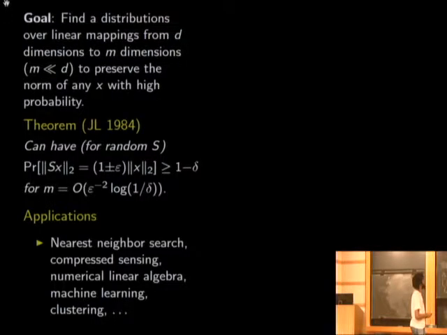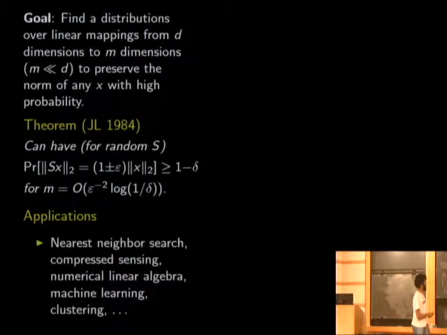So here's one kind of dimensionality reduction theorem due to Johnson and Lindenstrauss. Here's the goal. I want to find a distribution over linear mappings from d dimensions down to m, such that if I have any fixed vector x, a random matrix S from this distribution will preserve its norm with high probability.